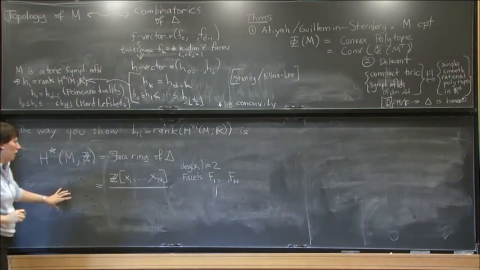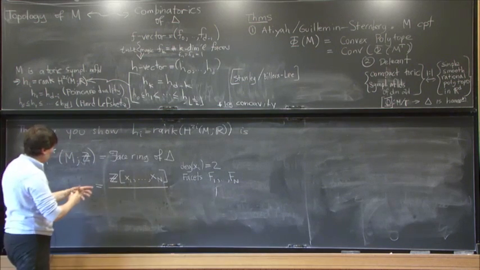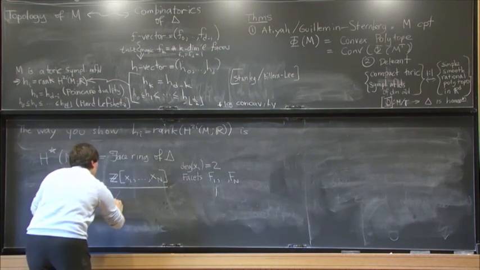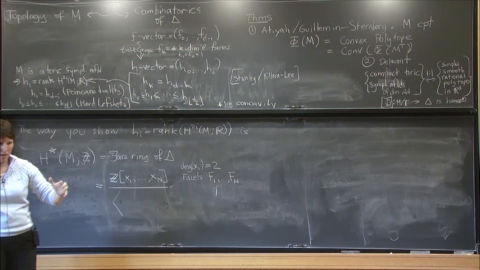How you multiply is, you just multiply them, and you'll get 0 when the corresponding selection of facets is empty.